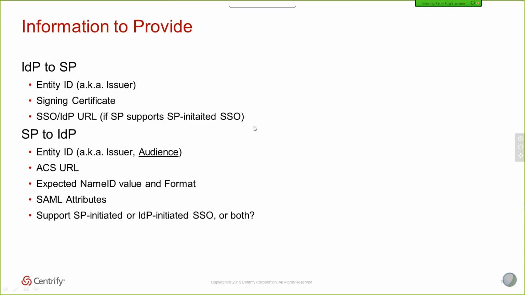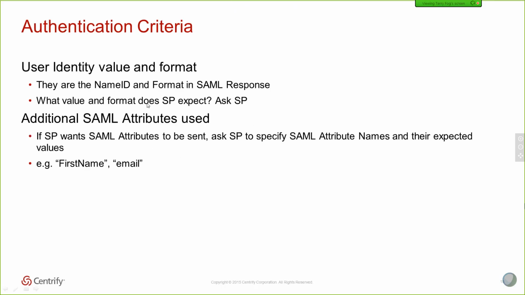Now, of course, upfront, sometimes this information is not immediately given to us. So we'll have to ask the SP, hey, what name ID are you looking for? And for the name ID value itself, some applications use the email address as the username, but some applications manage username and email address differently.